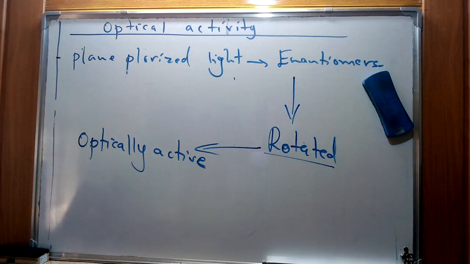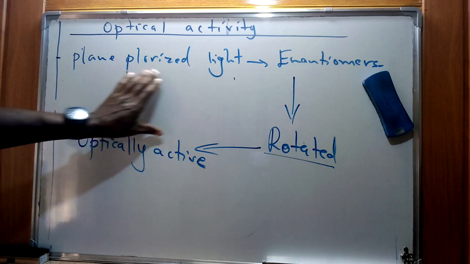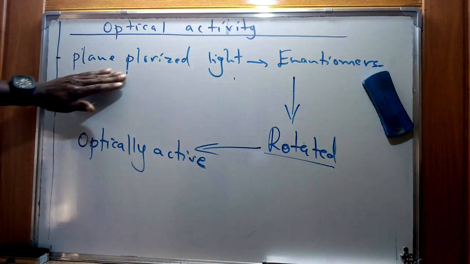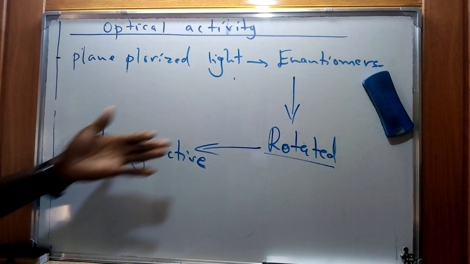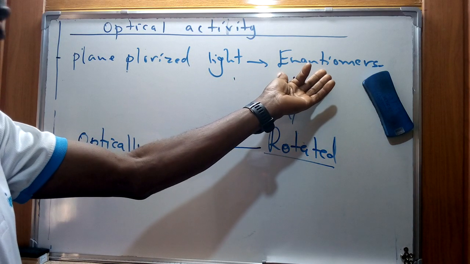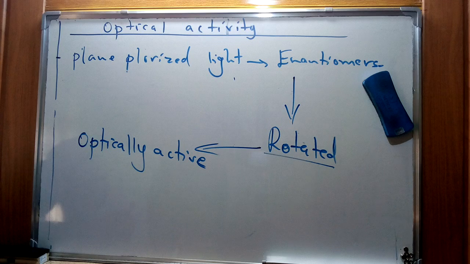And therefore we're going to see that this specific behavior by enantiomers whenever exposed to this plane polarized light gives us a characteristic of trying to separate the enantiomers from other chemicals, which of course do not fall under this specific category.